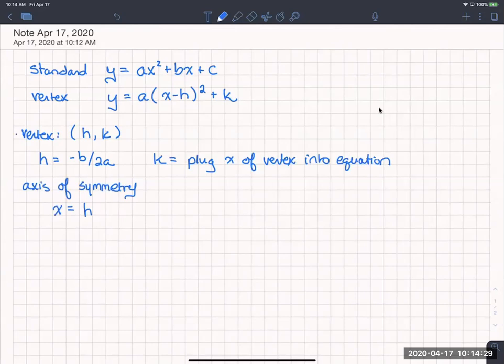Then we said that the leading coefficient tells me which way the parabola opens, up or down. If the leading coefficient is positive, it opens up. And if the leading coefficient is negative, it opens down.